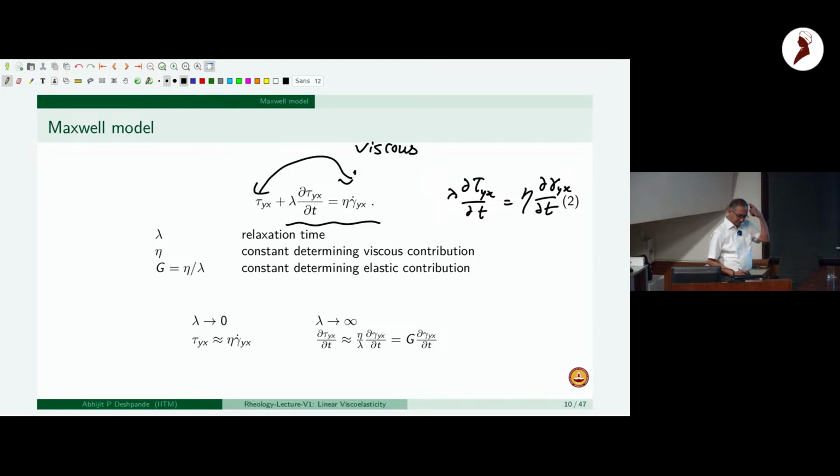And one thing that we should remember is that I wrote this term where gamma is strain and this is strain rate, and I can do this because we are talking about small deformations. So the infinitesimal strain, the way we defined earlier, is useful here because all of this is for linear response for small perturbations. Otherwise, this measure of strain is not sufficient to describe the deformation in the material.